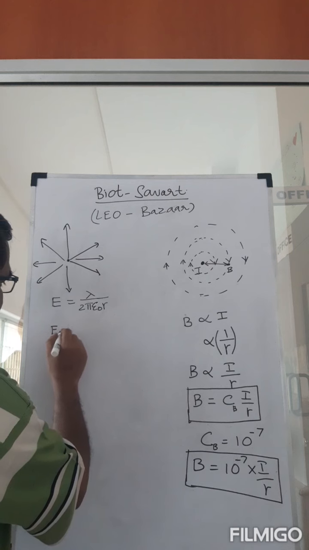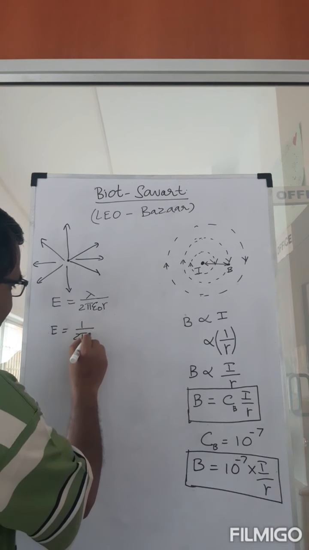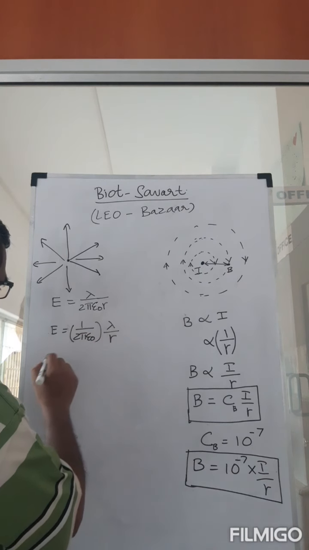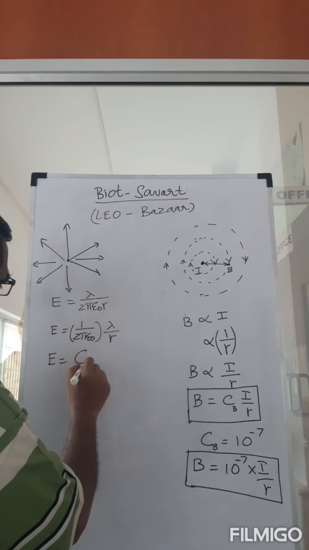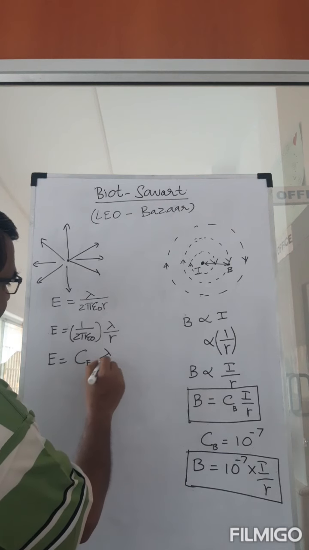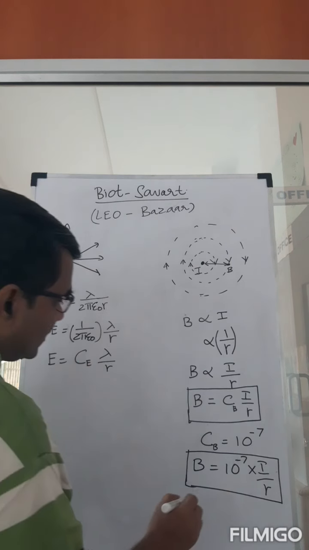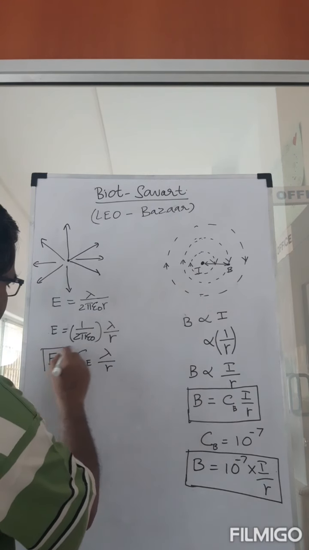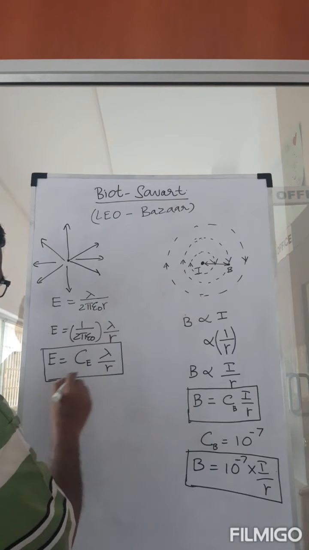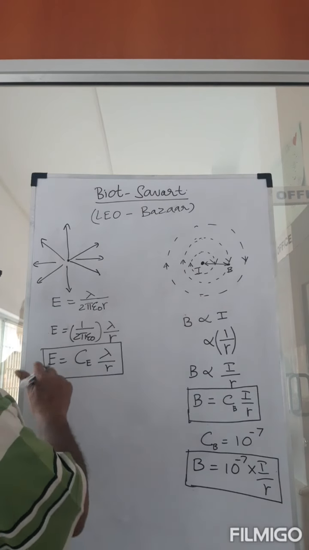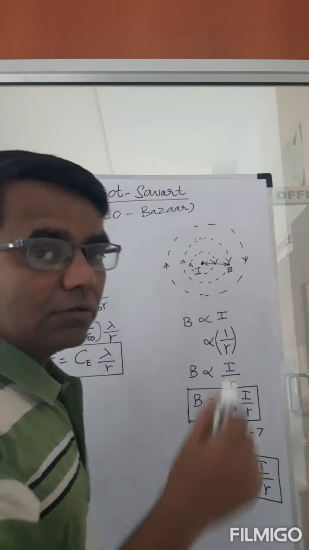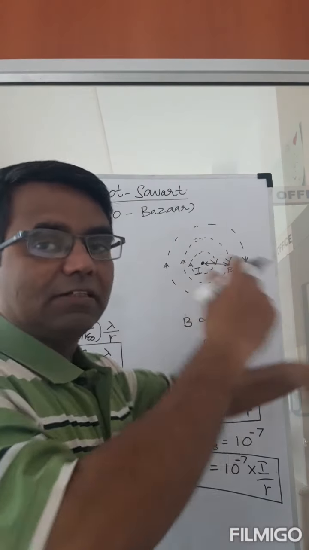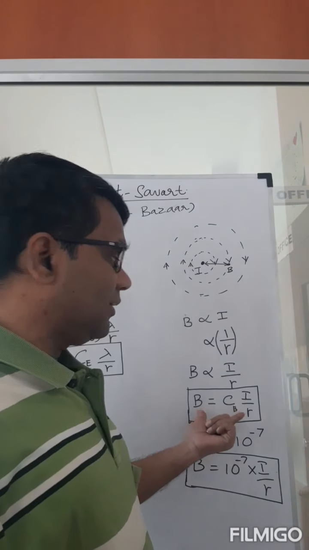So I can write it like this: E is equal to 1 by 2 pi epsilon naught times lambda by r. So this is a constant, so let me call it the constant of electricity or something, and lambda by r. So I look at this now. Look at this equation, look at this equation now. They are similar. For a long current carrying wire, the field around it is given by this equation.